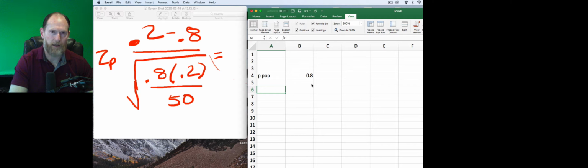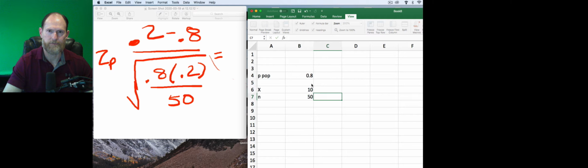We also have our characteristic of interest was 10, and our n was 50. And so based on that, we know that p is equal to 10 divided by 50.